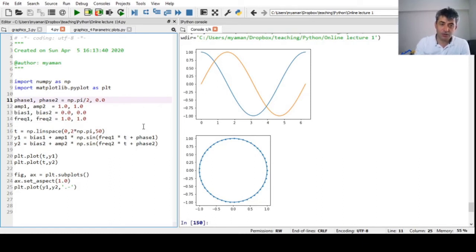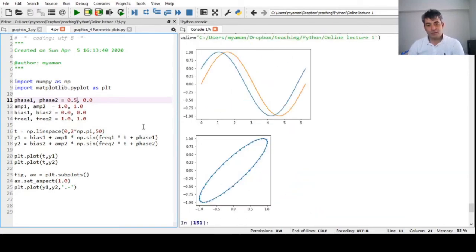At this point, let's try a different phase. Instead of pi over 2, how about we have 0.5, and then look at the graphs again. Okay, then we have a slight phase change over there, and on the phase plot I don't have a complete circle but an ellipse-like shape.